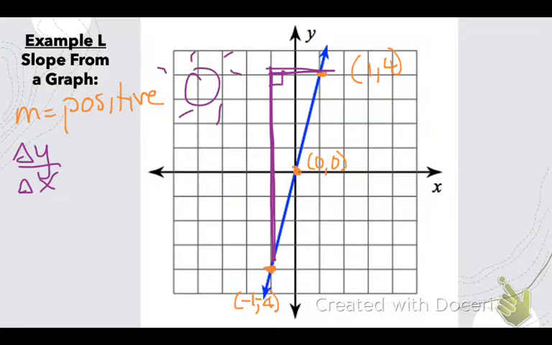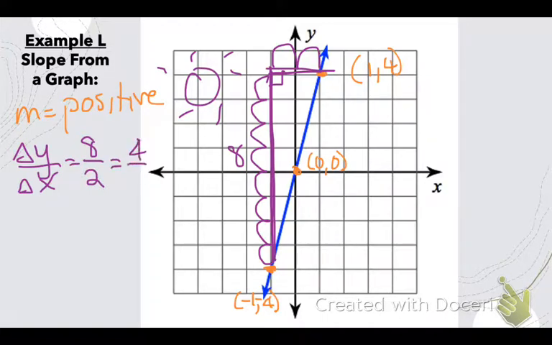Counting my boxes, 1, 2, 3, 4, 5, 6, 7, 8, going up 8. And then from side to side, like a crab, I'm going over 2. So my slope is positive 8 over 2, which simplifies down to 4 over 1. So my slope is positive 4.